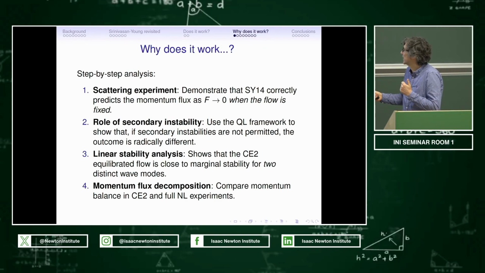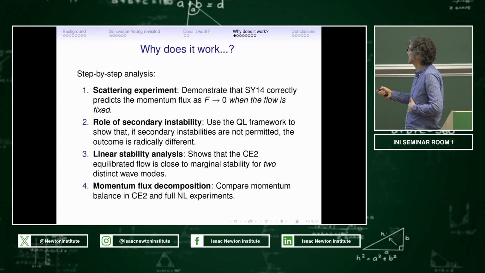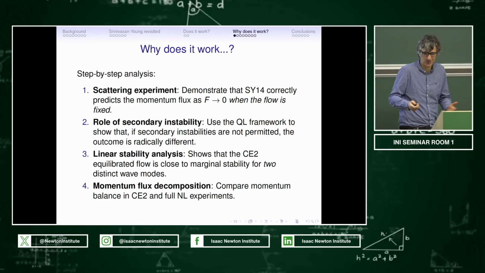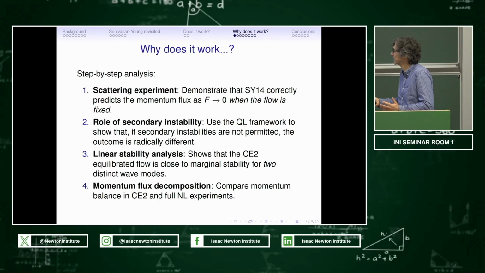Then we're going to do an experiment in as simple a setting as possible, to show that if you don't allow secondary instabilities to develop, you get an answer that's dramatically different from what we're seeing in what the equilibrated jets look like.